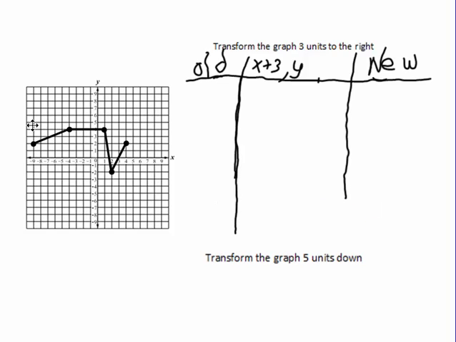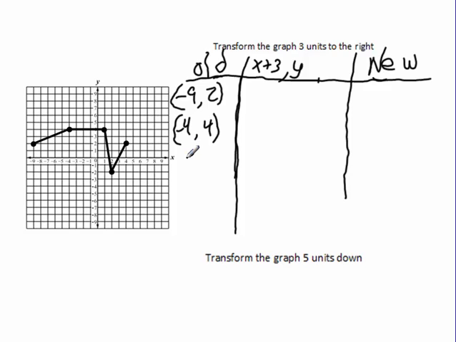And we're going to collect these points. The first point is -9, comma 2. Our next point is -4, comma 4.